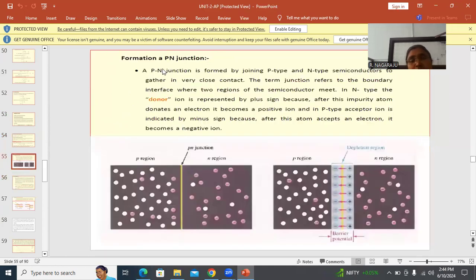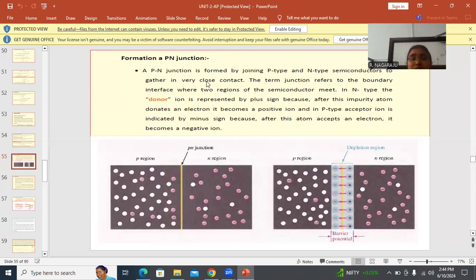So how does the formation of a PN junction take place? A PN junction is formed by joining P-type and N-type semiconductors together in very close contact. The term junction refers to the boundary interface where two regions of the semiconductors meet.